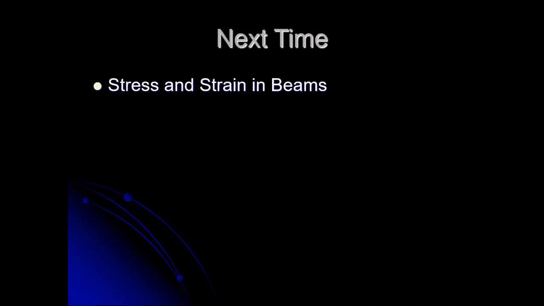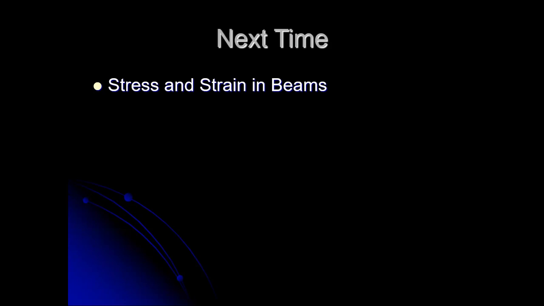Next time on Wednesday night for our last formal lecture, we will be looking at stress and strain in beams. So we'll go back to the simply supported beam where we have a pinned support and a roller support at the ends, or somewhere in between, and we'll put a load on it, and we'll look at what the stresses and strains look like. Here we're going to be putting together material properties and geometry properties, just like we did for strengths of materials.